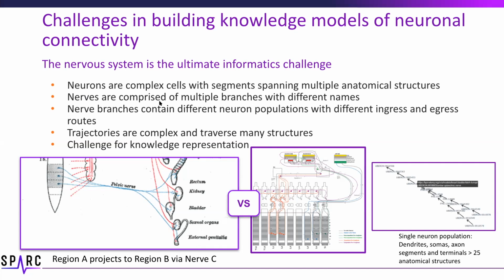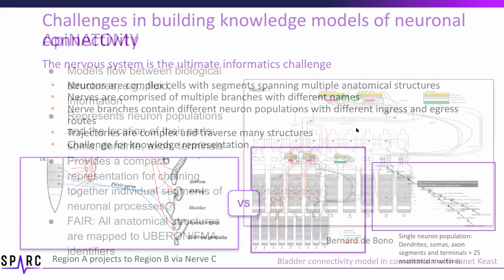All of these things have presented a real challenge for knowledge representation. Over here, we take just this one neuron population, starting in the lumbar spinal cord, and this population alone traverses over 25 different anatomical structures on its way to its target. So these are big challenges for knowledge representation.